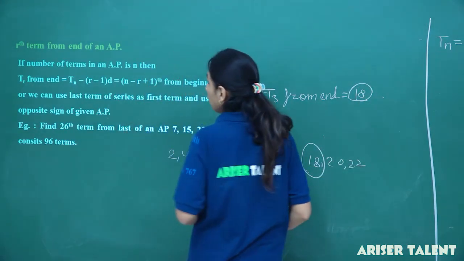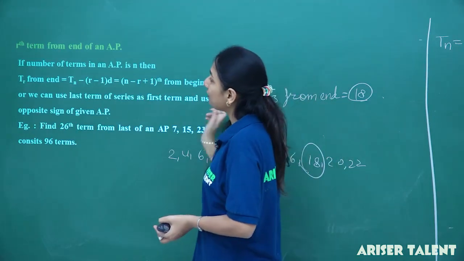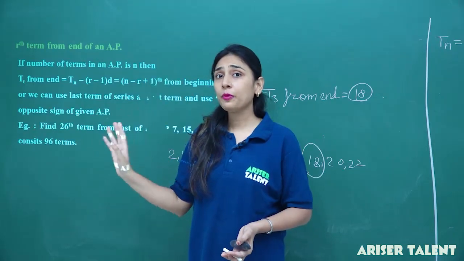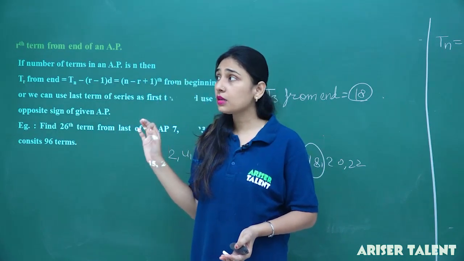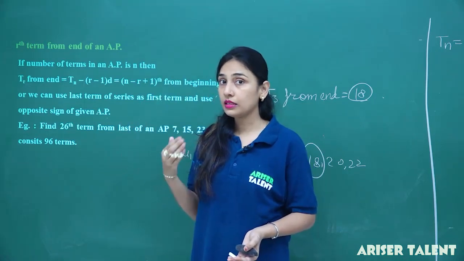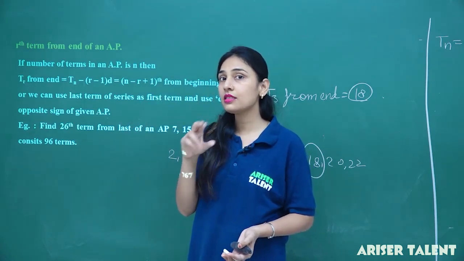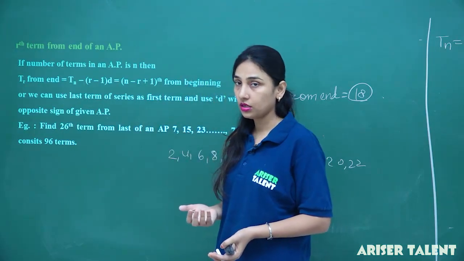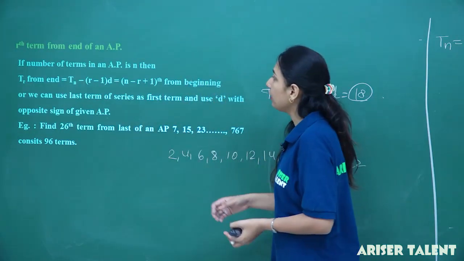Right. So if you are given a particular arithmetic progression and you are asked about the rth term from the end, how will you find it? This is the way you will be finding it.